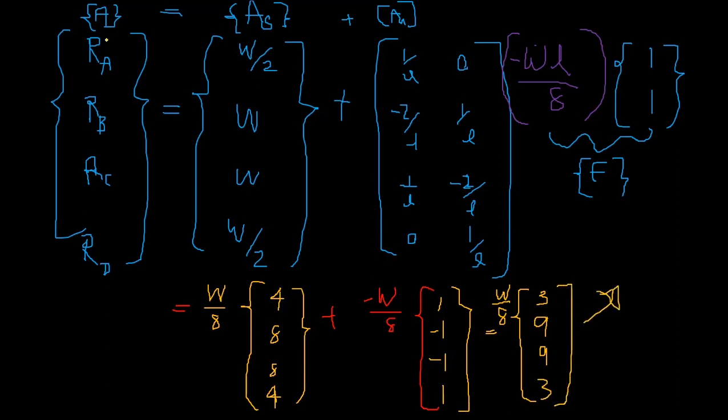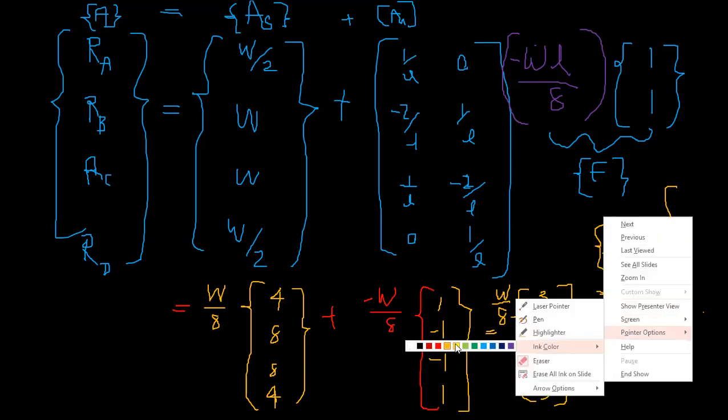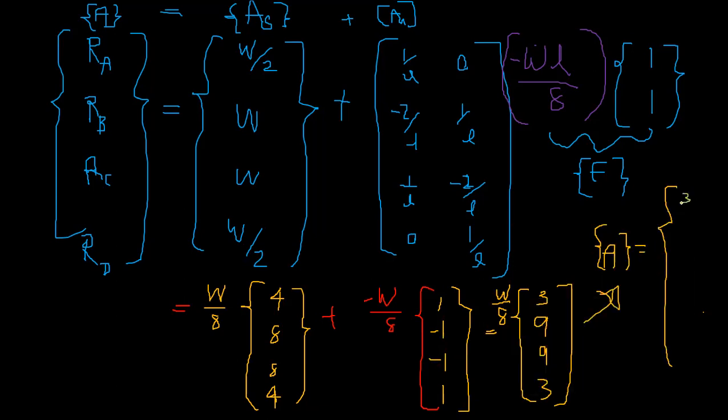So your RA, RB, so your action matrix would be 3W over 8.